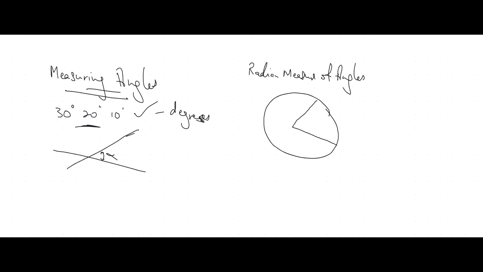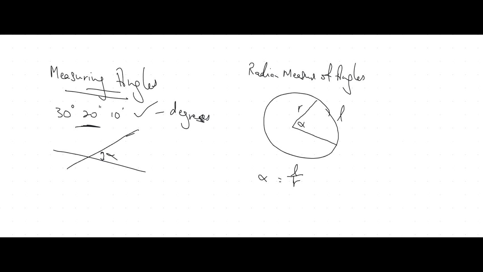Let's see, this is L and this is R. The angle in the center there, right? The angle in the center there is equal to L over R, right? And this definition of this angle is the angle in radians, right?